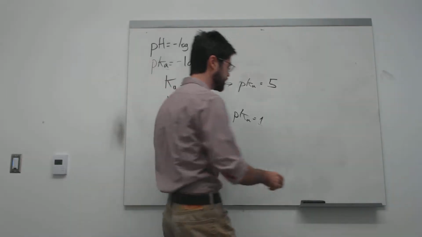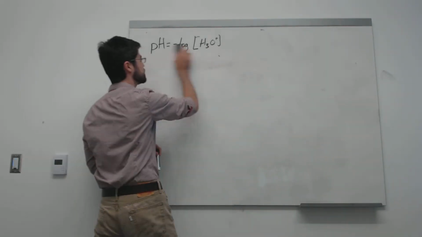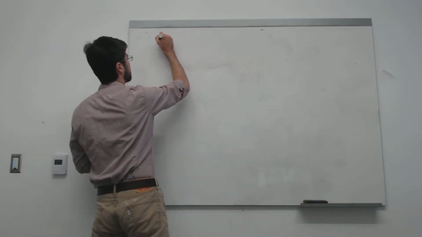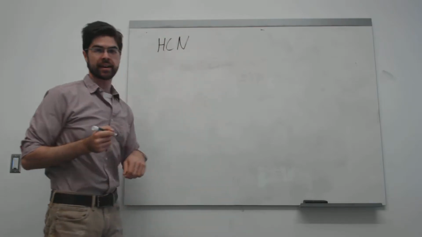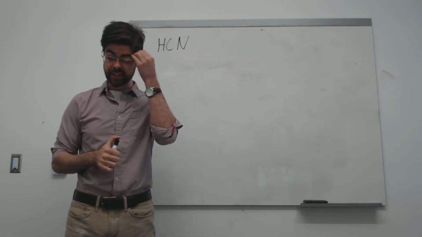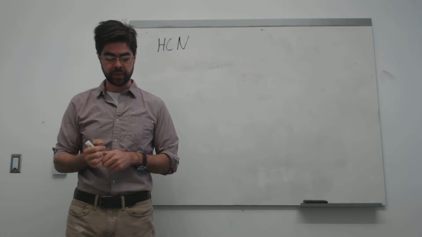So how do you determine what the conjugate base or conjugate acid is? Well, let's think of it. Let's say I have a weak acid. I'll say HCN, hydrogen cyanide, which is a weak acid. What is its conjugate base?